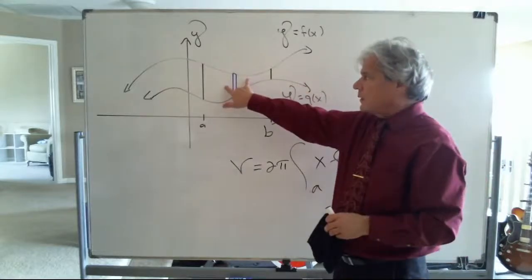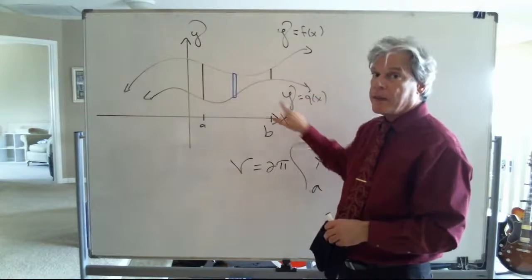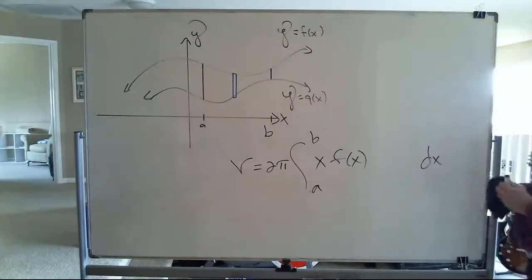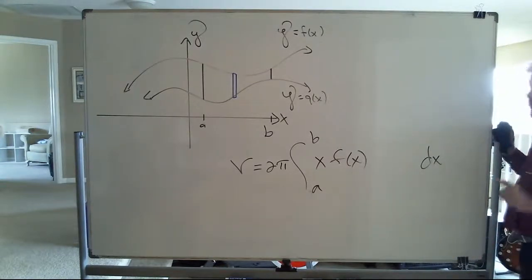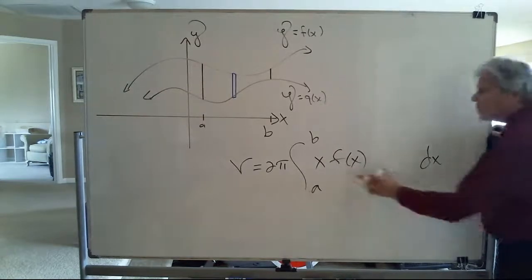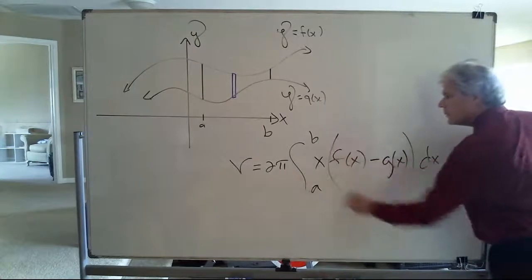If the region is bounded above by the graph of that equation, but bounded below by the graph of that equation, nothing's going to change with what I did on the other side of the board except for the computation for the height of the cylindrical shell. Because now the height of the cylindrical shell is not just simply this, but this minus this.